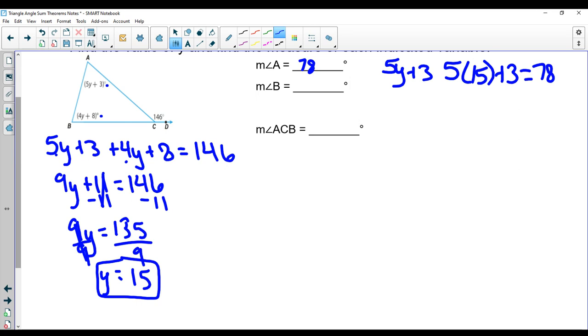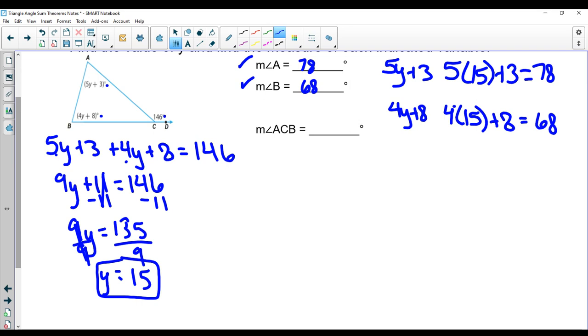Angle B was 4y plus 8. So 4 times 15 plus 8, that should be 68. Yep, 68. And if you'll notice, what's 78 plus 68? 146, which was my exterior angle, so I know that these answers are correct.